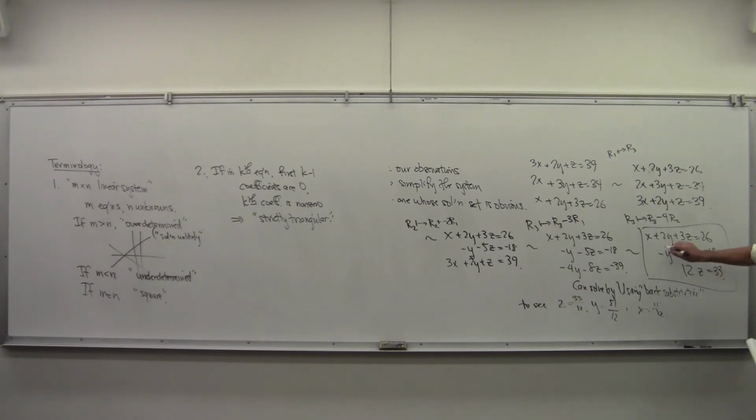So over here, in the first equation, the first coefficient is non-zero. In the second equation, the second coefficient is non-zero and the first one is 0. In the third equation, you've got a bunch of zeros, and then the third coefficient is non-zero. So this is a strictly triangular system.